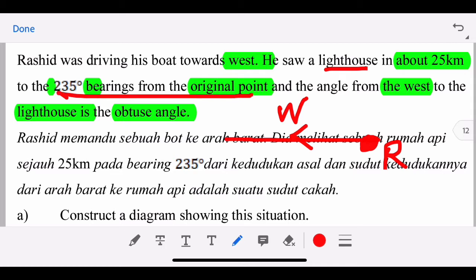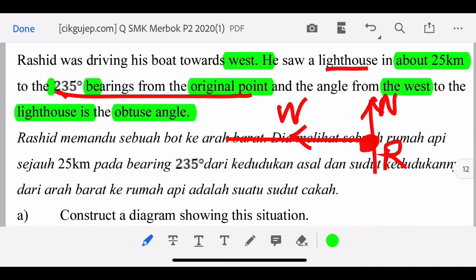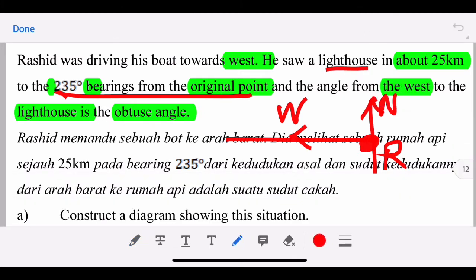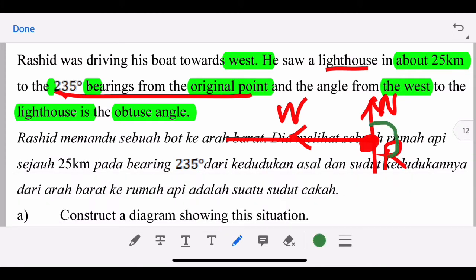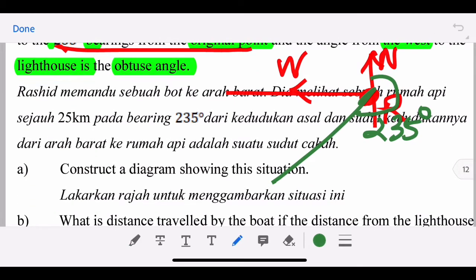So this is the origin, so we roughly measure 235 degree. 235 will be somewhere more than 180 like this. So we draw, this is 235 bearing from the north, measured clockwise. Still remember the math skill for bearing.